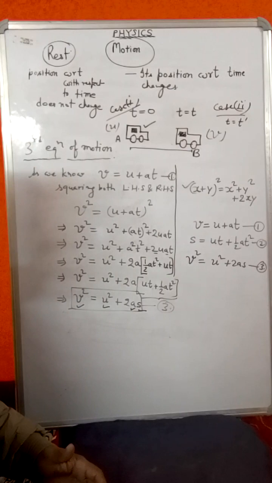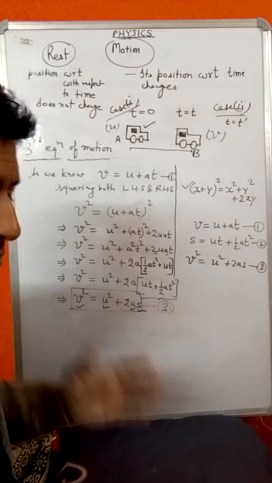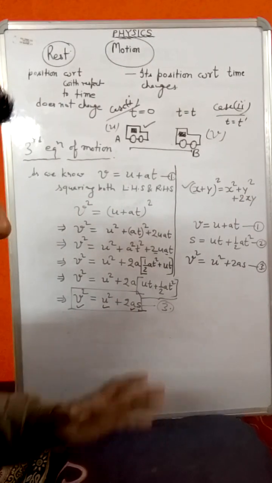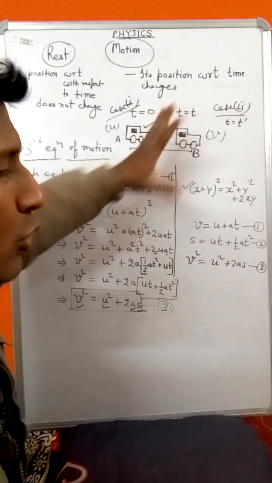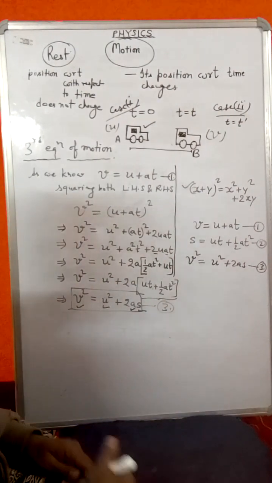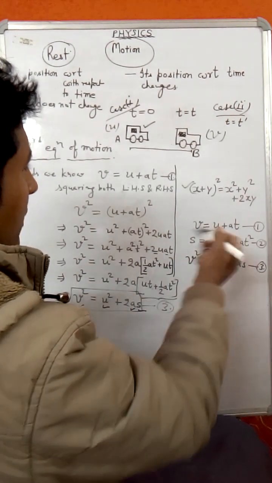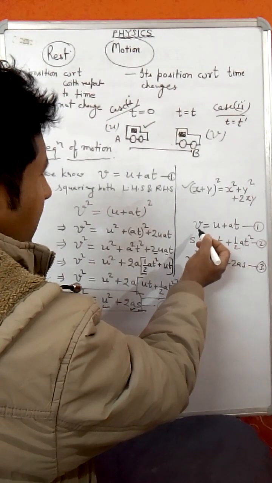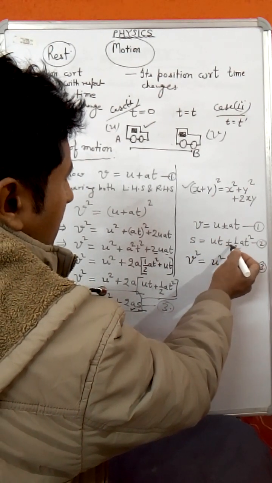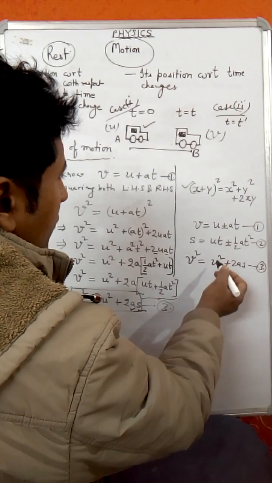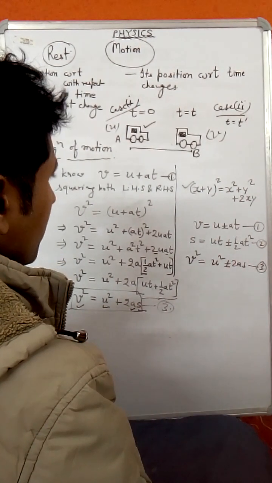Now the other thing: is it possible every time that there will be an acceleration? There may be a retardation also. Retardation means the initial velocity must be higher and the final velocity must be lower. So in that sense, we can conclude that all these equations of motion will be converted as v is equal to u plus minus at, then s is equal to ut plus minus half at square, and then v square is equal to u square plus minus 2as, right?